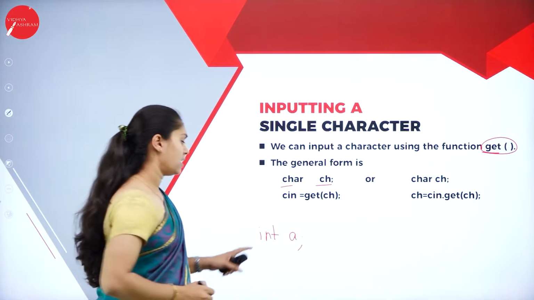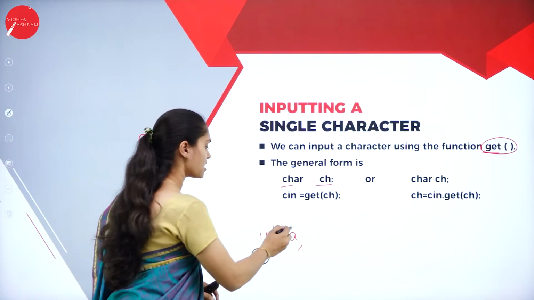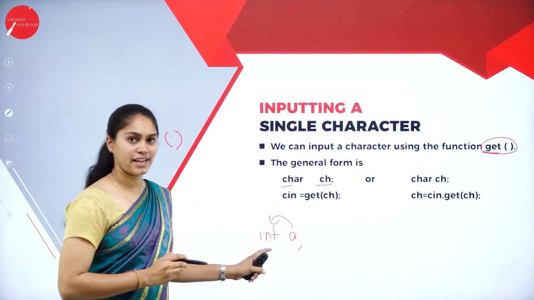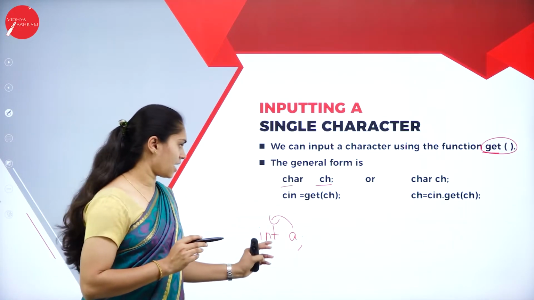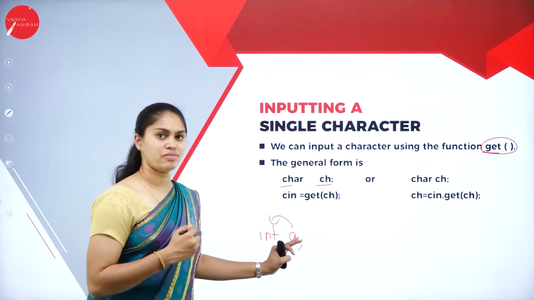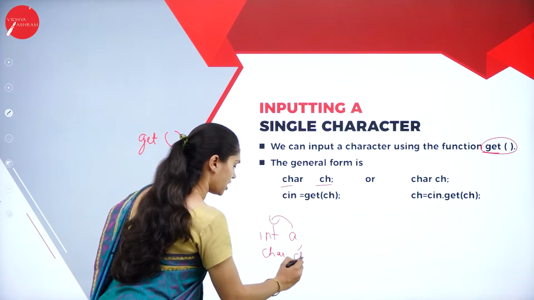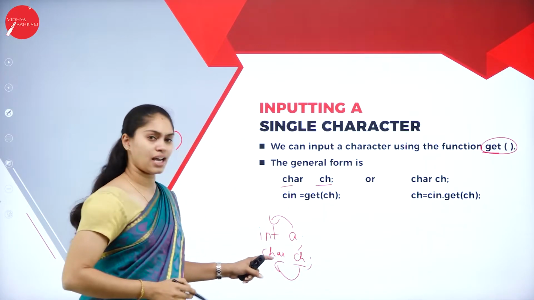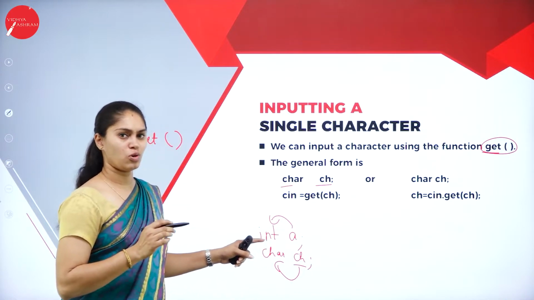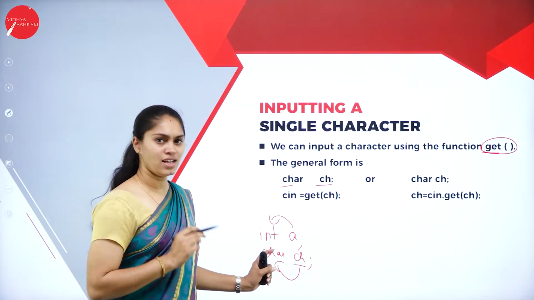Int is a data type and a is the name of a variable, so that indicates a is of the data type integer. In the same way, I am taking char as a data type and ch as the name of a variable. That indicates ch is the name of a variable which is of the data type character, because in order to hold a single character as a value, we have to take a data type called char.